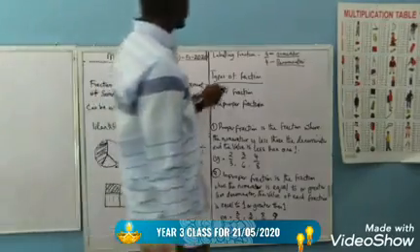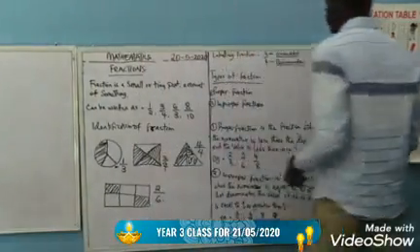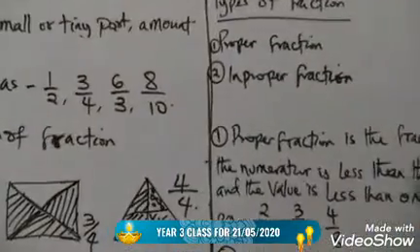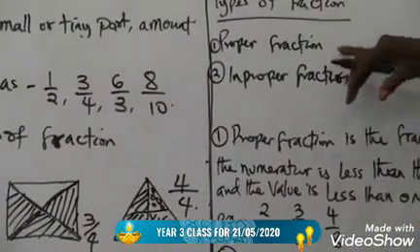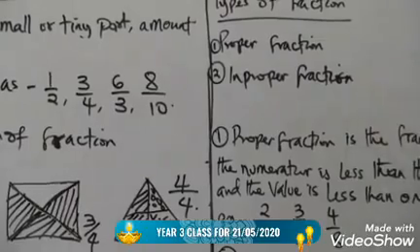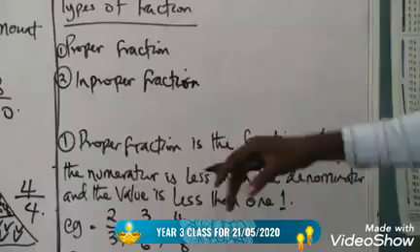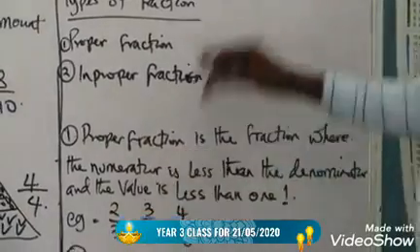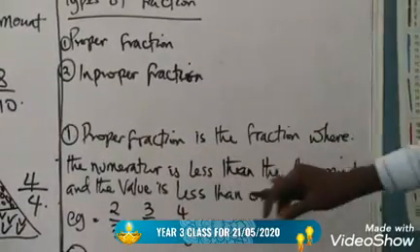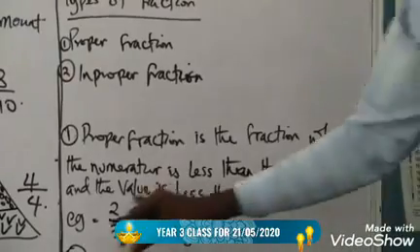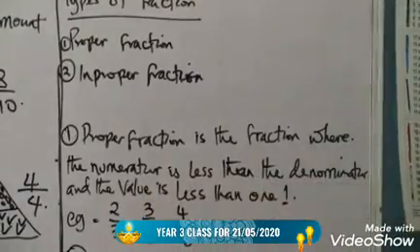So here we are going to be talking about types of fractions. There are 2 types of fractions, which are known as the proper and improper fraction. A proper fraction is a fraction where the numerator is less than the denominator and the value is less than 1.